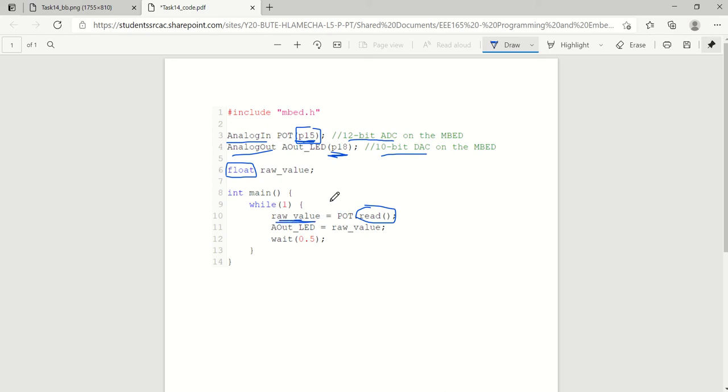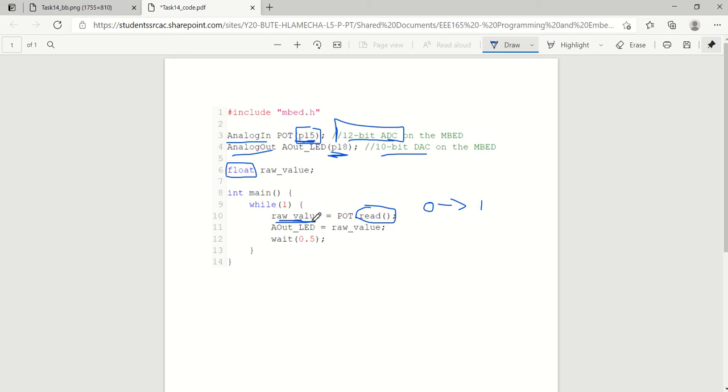What it's given us is a raw value of the sensor. We'll talk a little more about what the raw value means, but just note it's a value between 0 and 1, based on this conversion. So it's not a value of 3.3 volts or whatever it is, it's a value between 0 and 1.